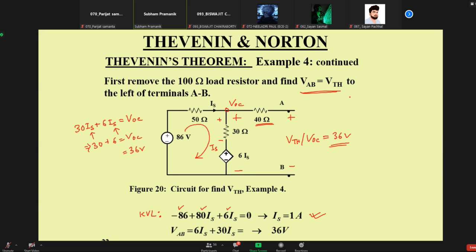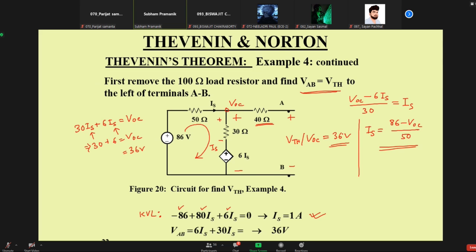So you can write VOC minus 6 divided by 30, the current leaving through this branch. In this branch, current is already shown, which is IS, so you can connect this as IS. Also, you can recognize that IS is actually 86 minus VOC by 50.